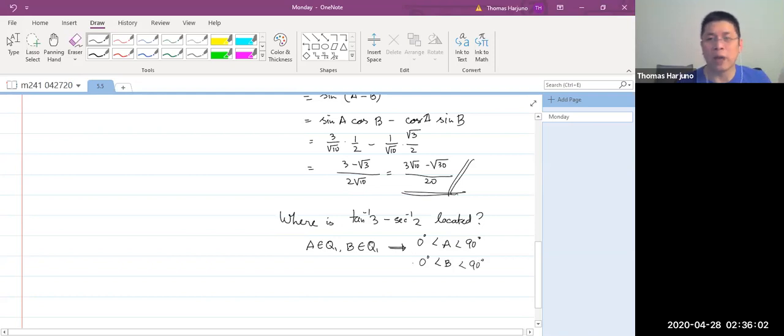Okay, so when I subtract A minus B, then the highest value will be 90 subtracted by 0. The smallest value will be 0 minus 90.